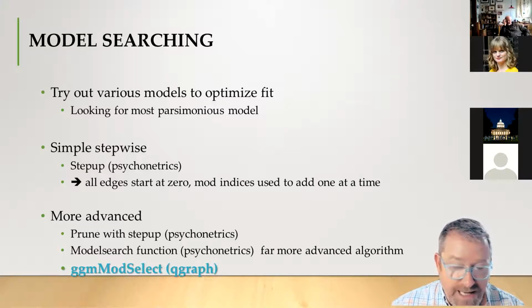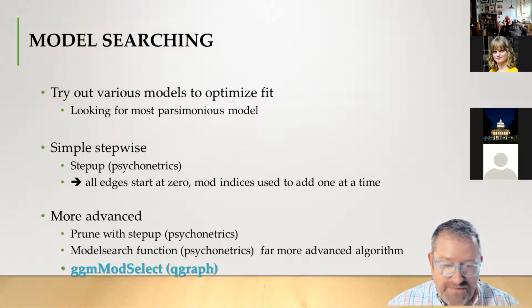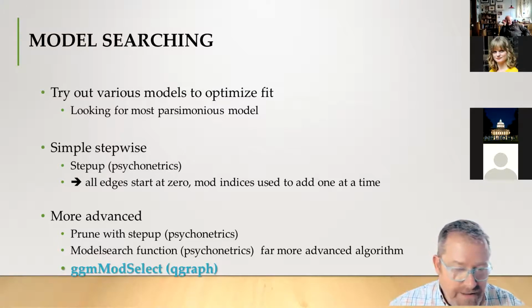Within psychometrics, there's a model search function that does an even more advanced algorithm. Even though Sasha is one of the lead programmers on psychometrics, currently he recommends the bootnet package's ggmModSelect function.